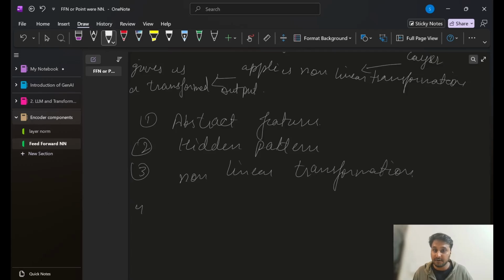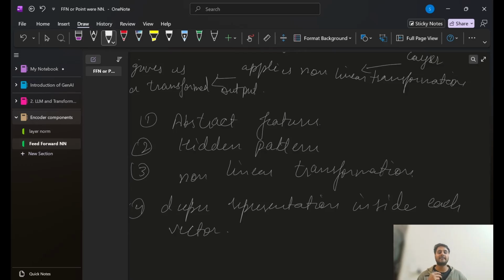The fourth one is deeper representation inside each vector. So this is exactly what the feed-forward network does inside the transformer encoder and decoder.